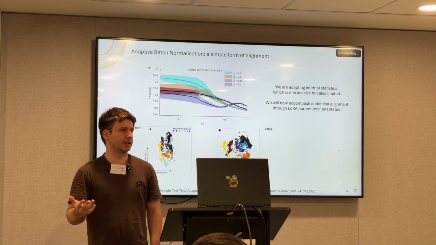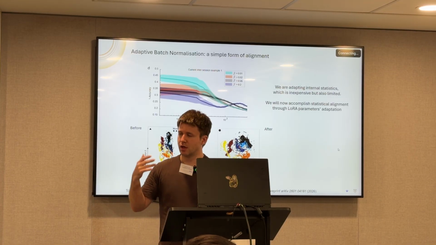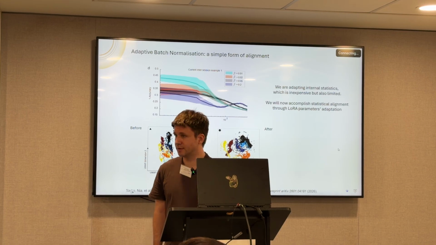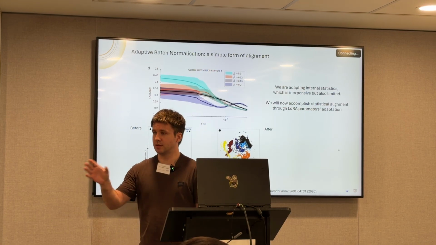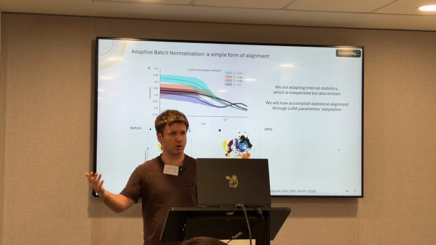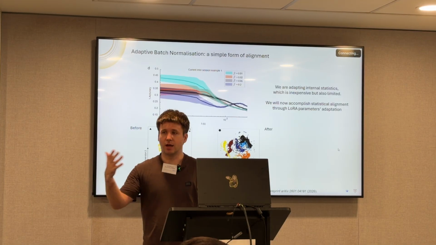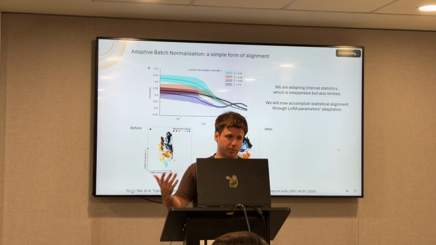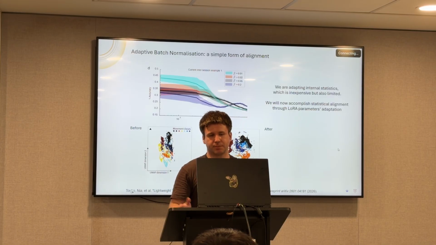This is one of the first things that can come to mind. You can simply adapt your batch normalization statistics at test time. We had, of course, to tailor it a little bit, and we did it in a way that we would trust more and more the statistics of our test time data as we see more data. But it was working really well.